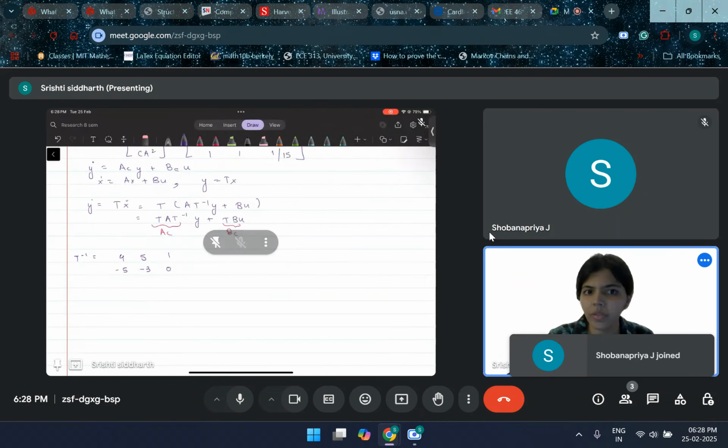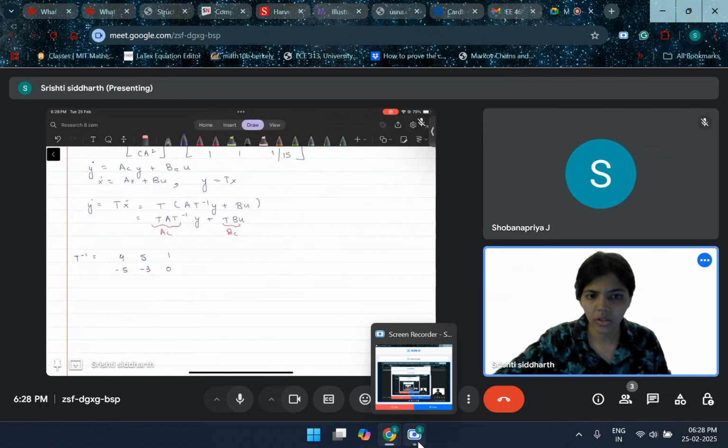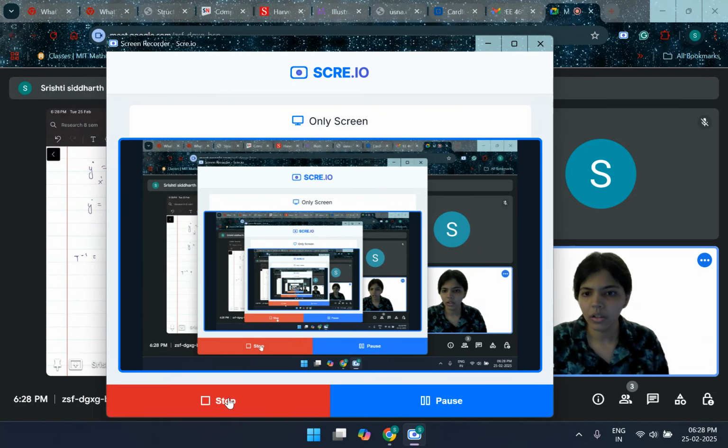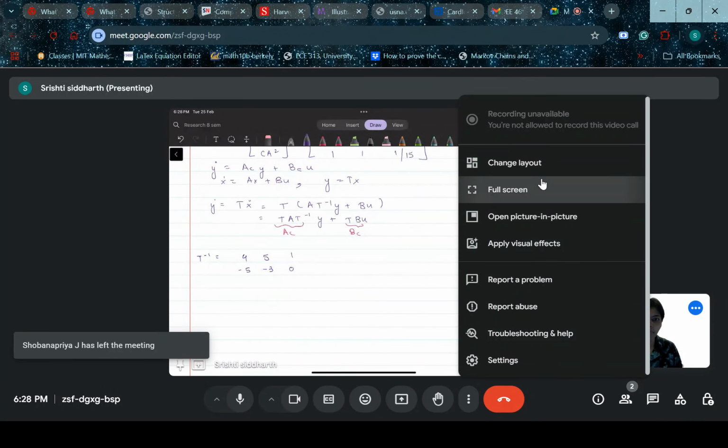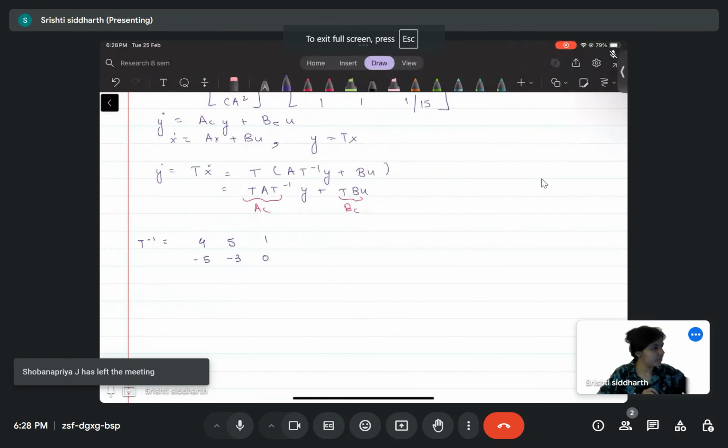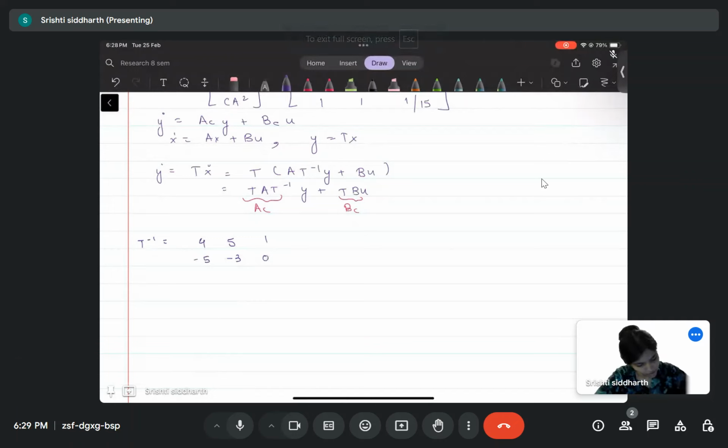Okay, so AC becomes 0, 1, 0, then 1 is shifted to the right, and the last row is going to be minus 19, 6, and 1.